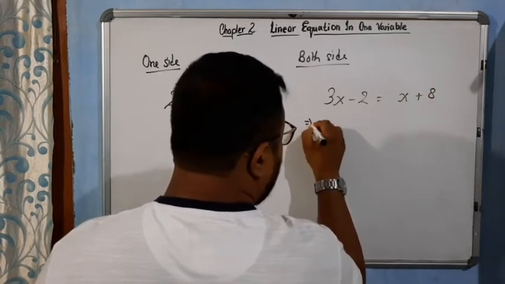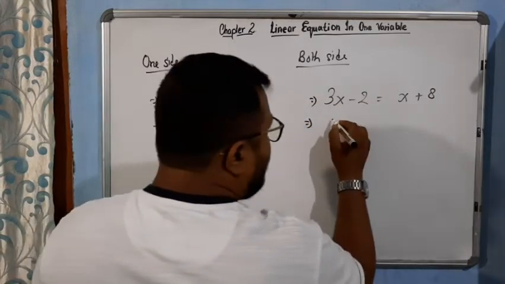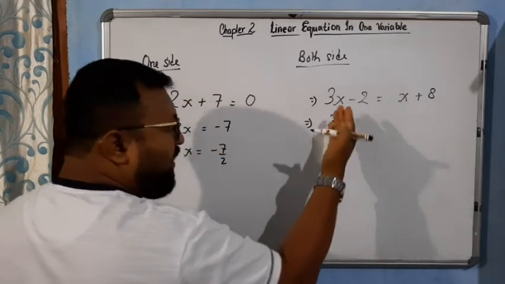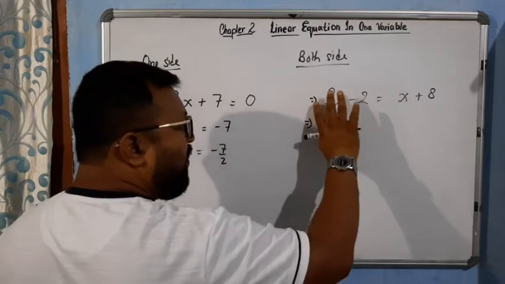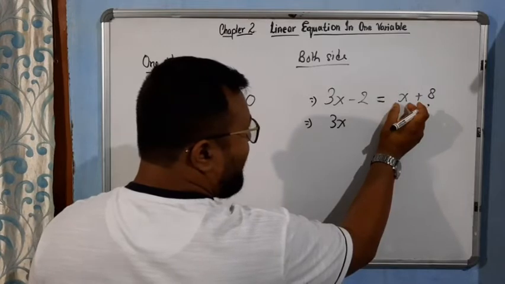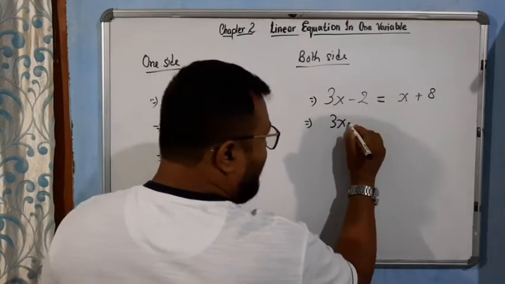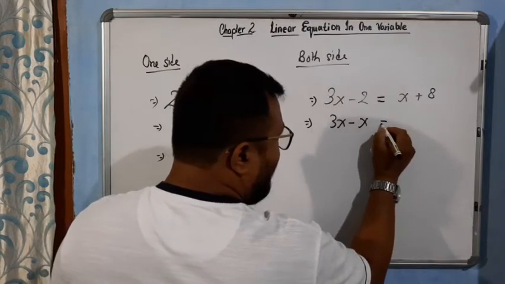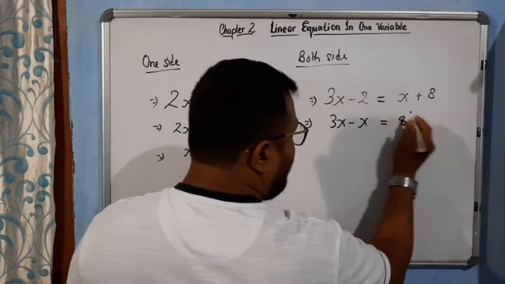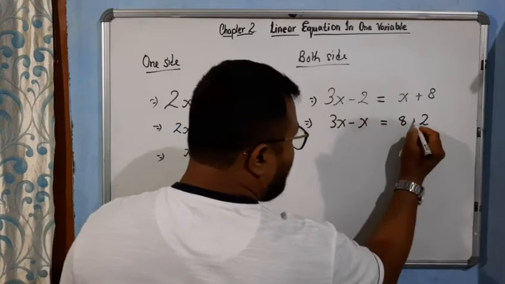Look here, this implies we will try to keep the x terms on one side and all the constants on the other side. So we shift this x from the right hand side to the left hand side, and when it comes to the left, it changes its sign. We also shift this constant to the other side. Already 8 is there, so this goes to the right hand side and the sign changes: minus becomes plus.